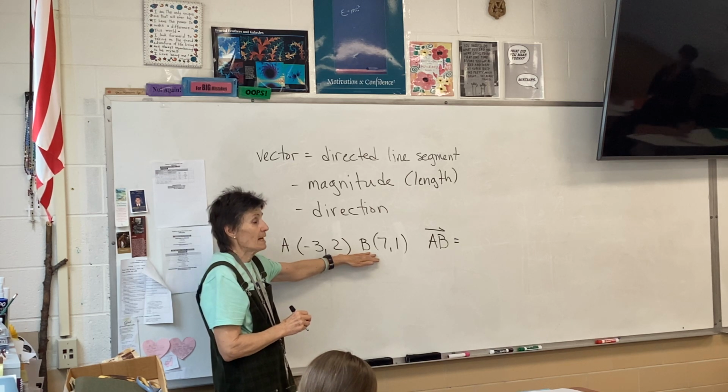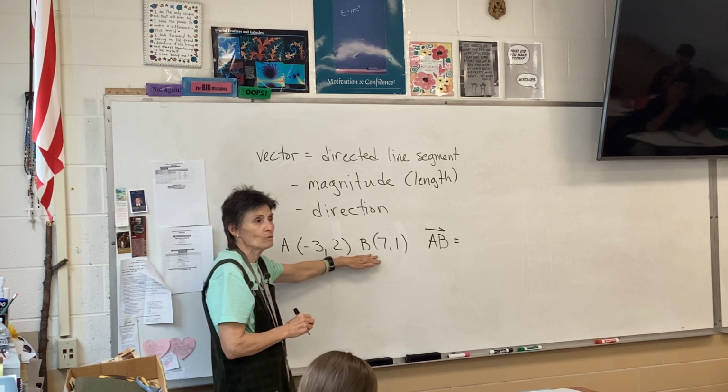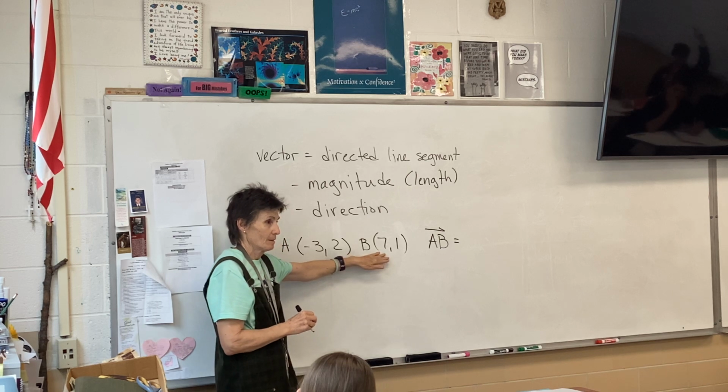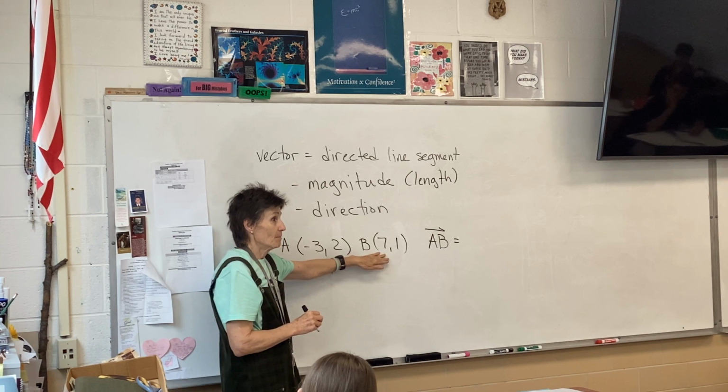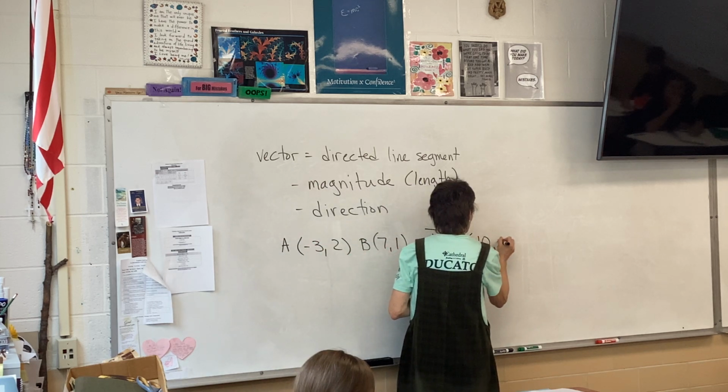Now, any guess as to what the coordinates of that vector might be? Describe that motion. What are we doing when we go from here to here? 10, -1. That's exactly right, 10, -1.